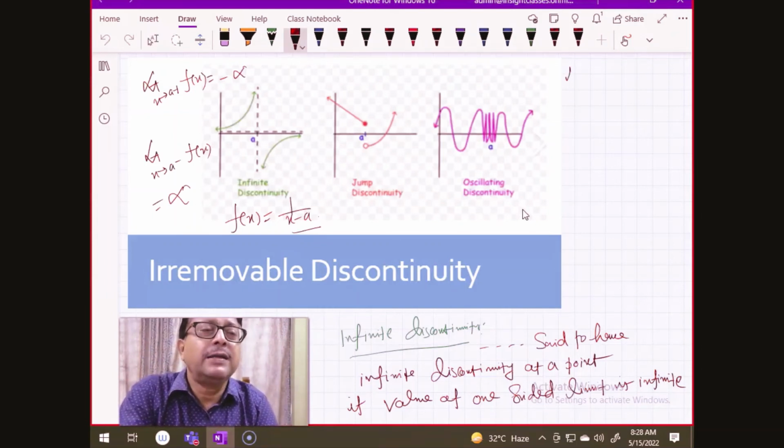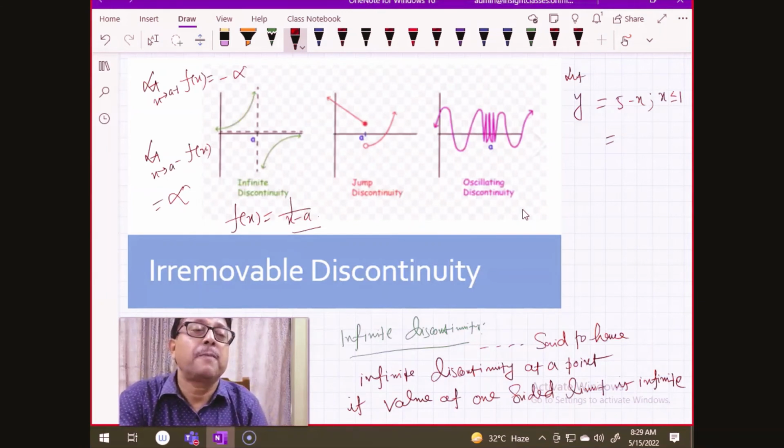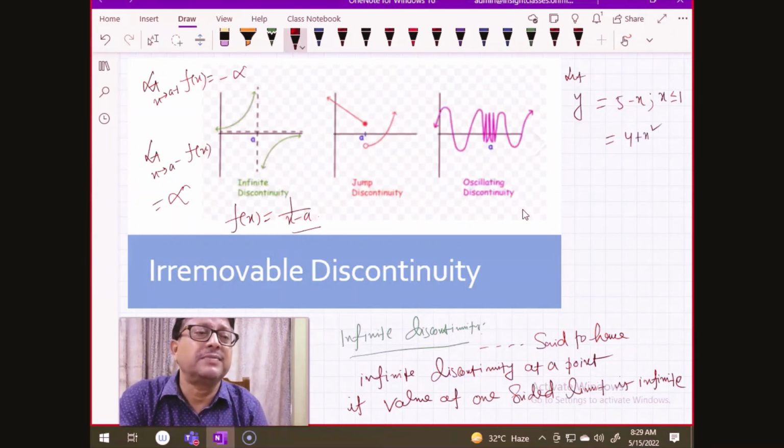Let y equal to 5 minus x for x less than or equal to 1, and if you take a parabola and define the function that way, y equal to 4 plus x square when x greater than 1.